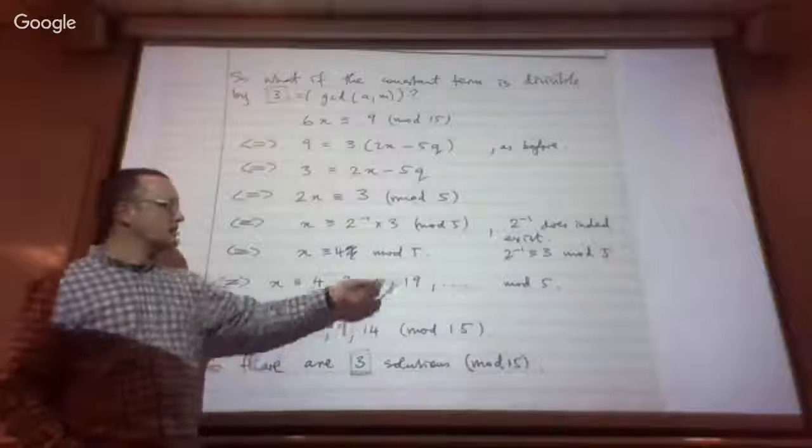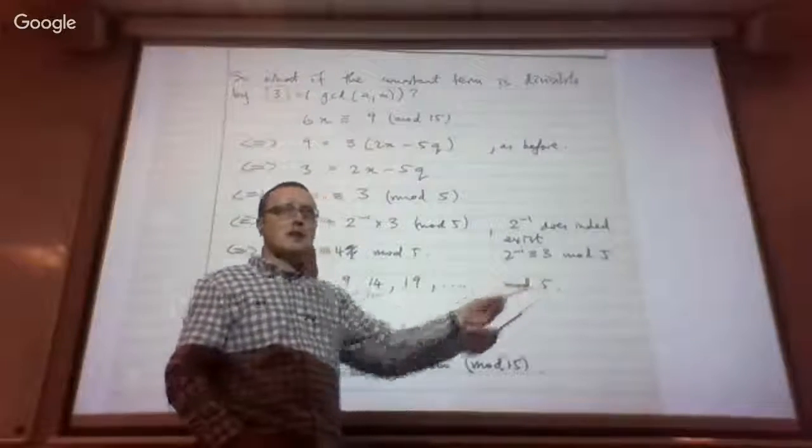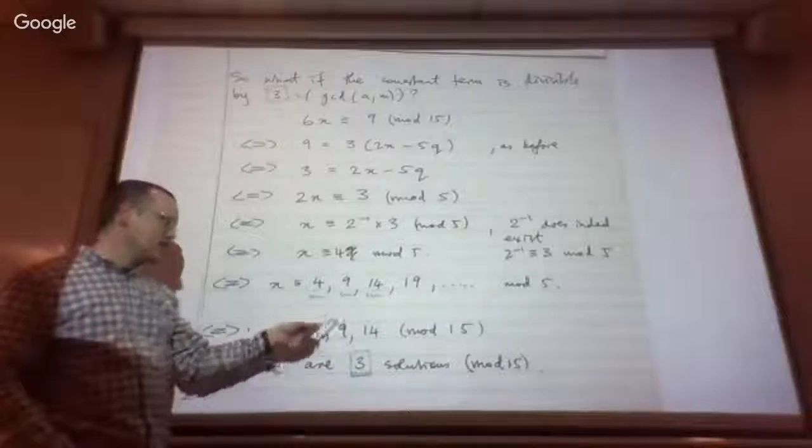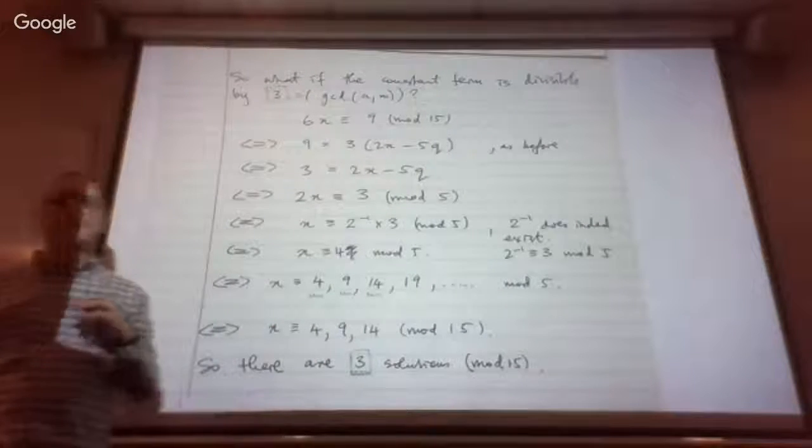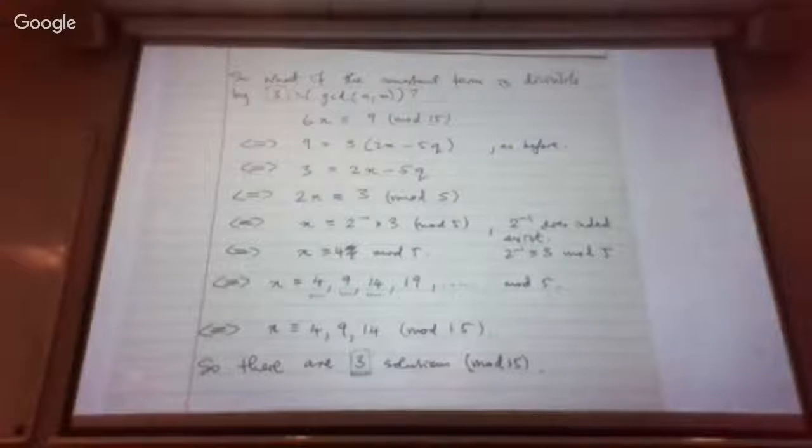They aren't distinct congruence classes modulo 5, but they are distinct congruence classes modulo 15. There are 3 of them represented here. So when you're using different moduluses in different statements, you just have to be a little bit careful and always be clear what modulus you're talking about at any one moment. Okay.